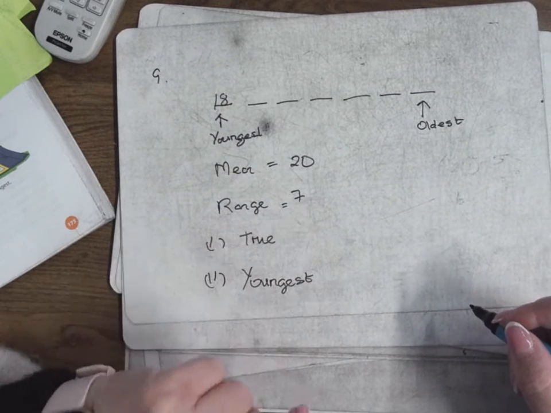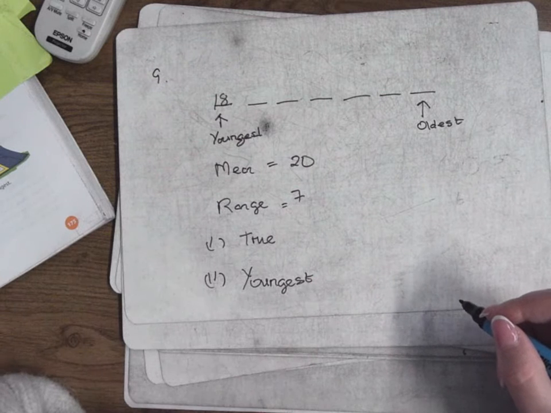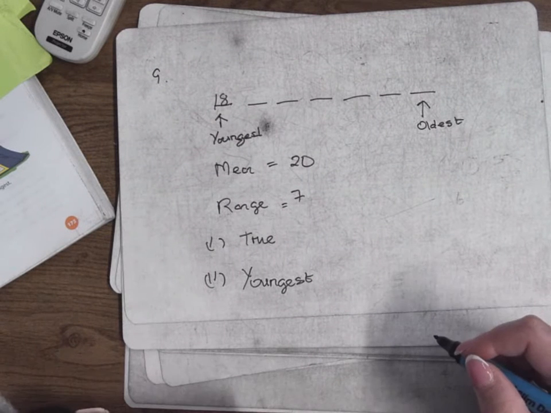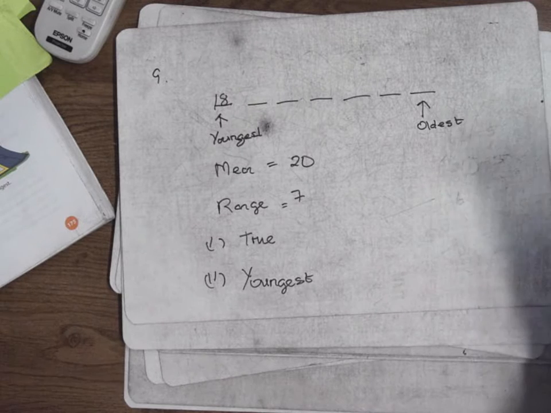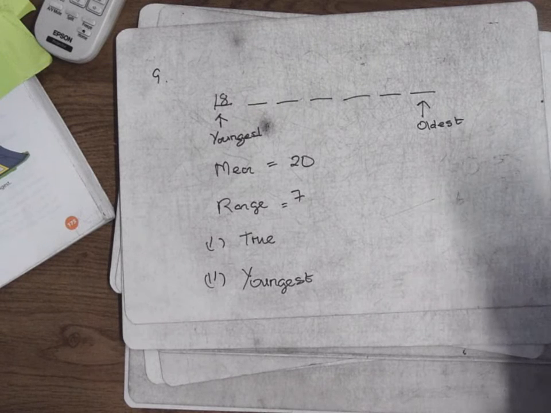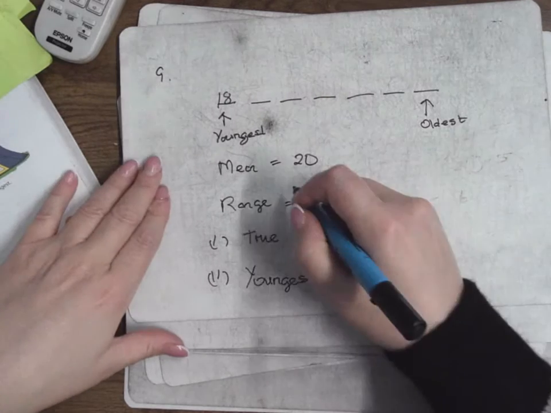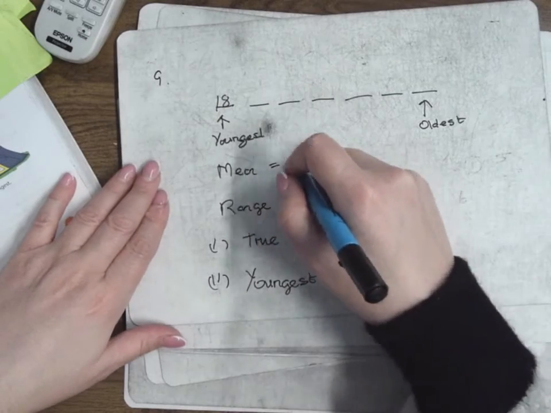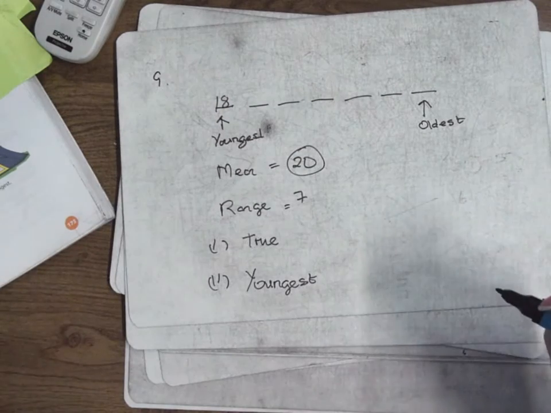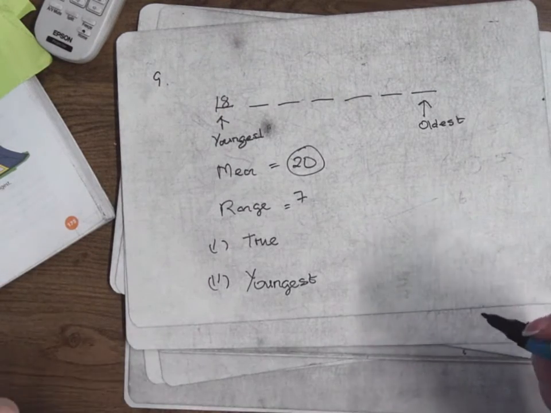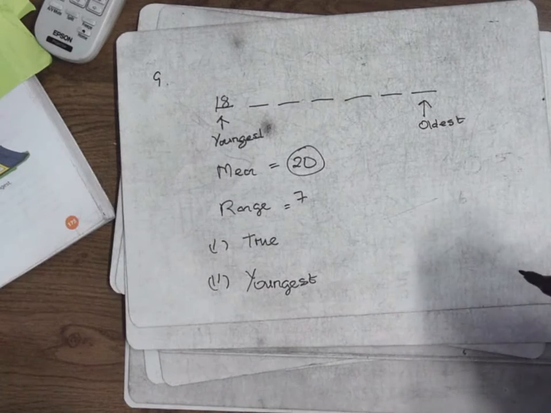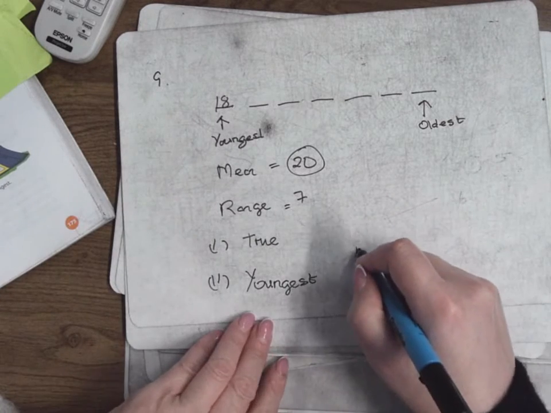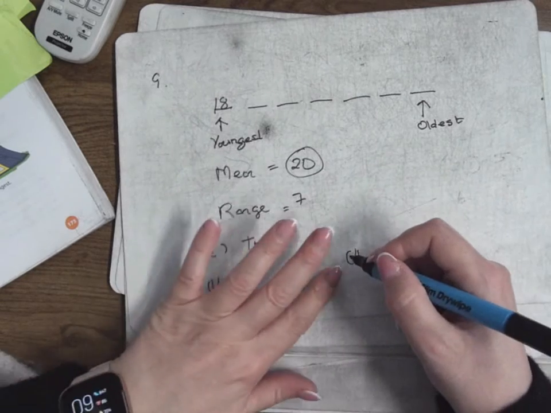Would you agree? That's possible, isn't it? Okay, so I'm going to put possible, right? It's not definite. We really don't know what age the youngest person was, but we know the mean was 20, so that's like about the measure of centre. So they're all in around 20, aren't they? So yes, that's possible. Would you agree? Right, so part 2 is possible.